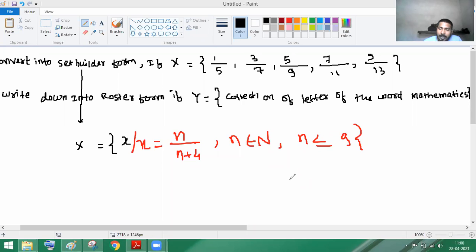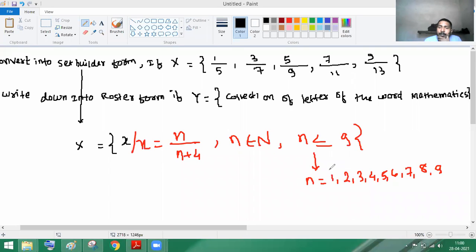Can you tell me the permissible values of n here? How many values can n have? If n is less than or equal to 9, then I can choose n equal to 1, 2, 3, 4, 5, 6, 7, 8, 9.